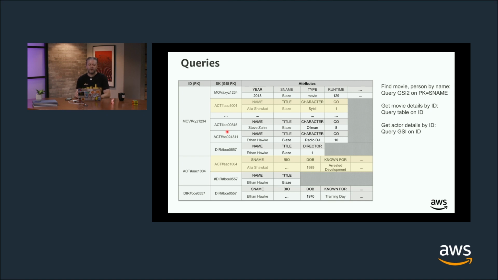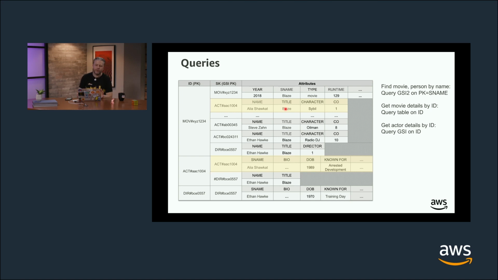Now we can get the full detail for the actor. We search the GSI. And of course, this record will include all the movies that the actor has been in. And by the way, now we see the reason why we have the title in this record. We didn't need a title for the movie detail, because we already know we're in the movie detail for this title.